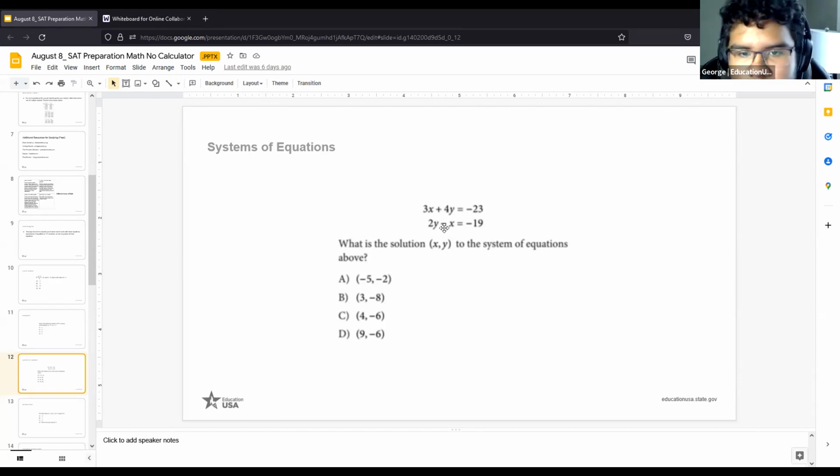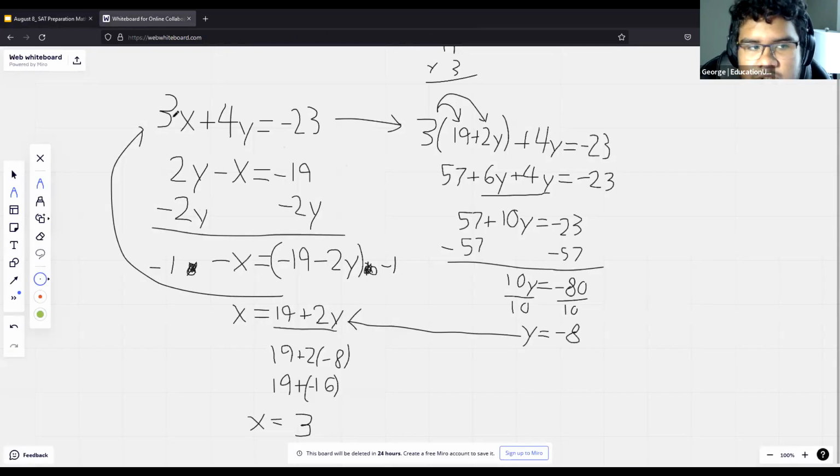Something I would not recommend doing for this kind of systems of equations problem, however, especially if it's multiple choice, is taking whatever answers are given and plugging them into these equations, like trying negative 5 for x and negative 2 for y and seeing if it's the correct answer. The reason is that this kind of guessing and checking may end up taking more time than if you just solved it normally like this.